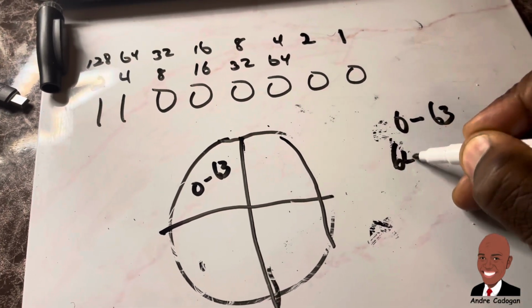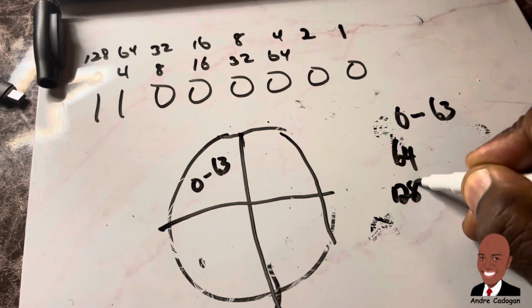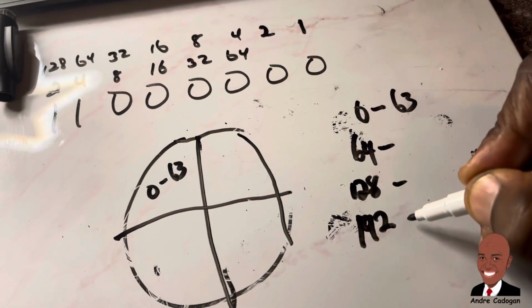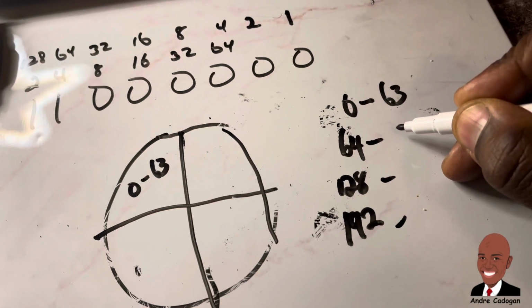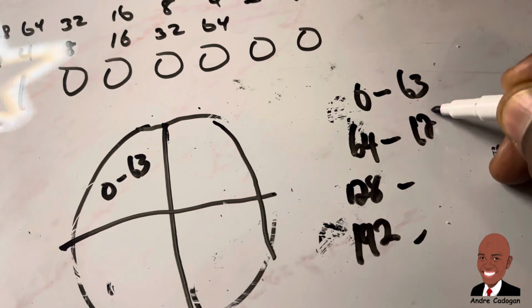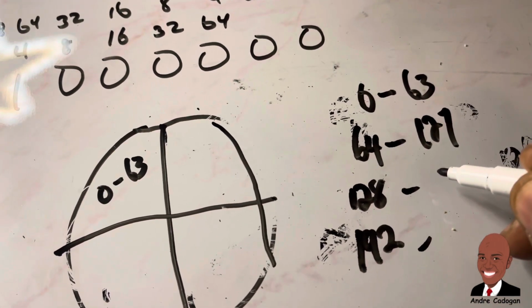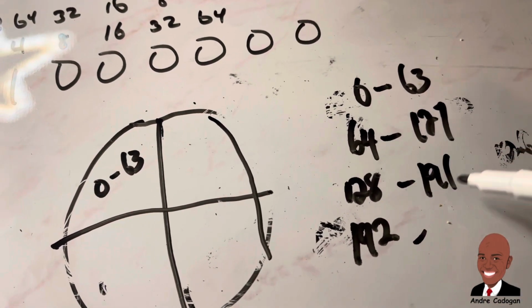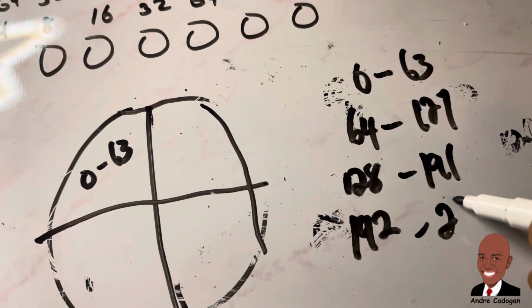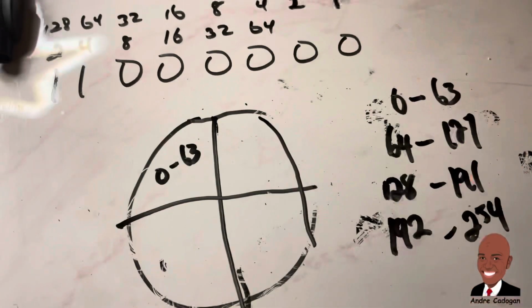And then my next network is 64, my other one is 128, and my next network is 192. And across here, my broadcast addresses would be 127, the other one would be 191, and then this other one here would be 254, and you could fill it out in this little 0 here.